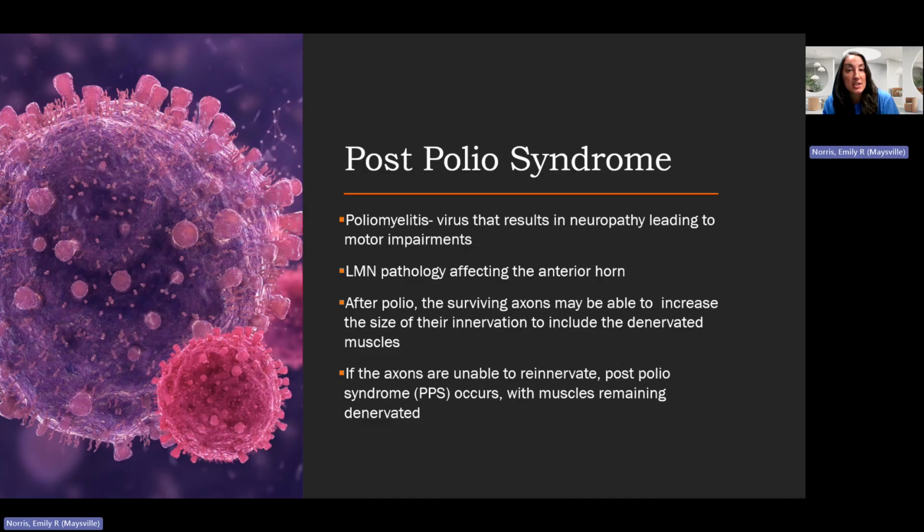But if they're unable to either reinnervate or to reach those muscles, then post-polio syndrome occurs, where the muscle is just not being innervated by the nerve, and so the motor response is not able to happen. It's a denervated muscle, meaning it's not getting the message from the nerves.